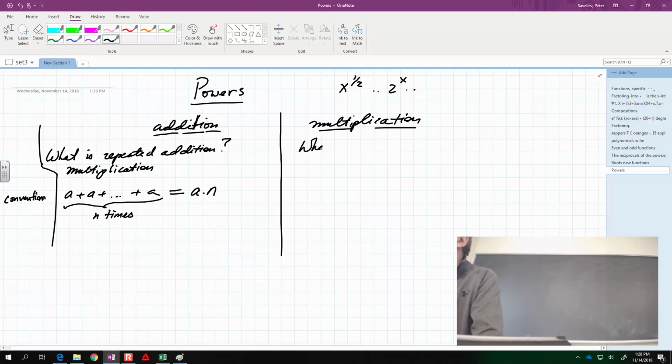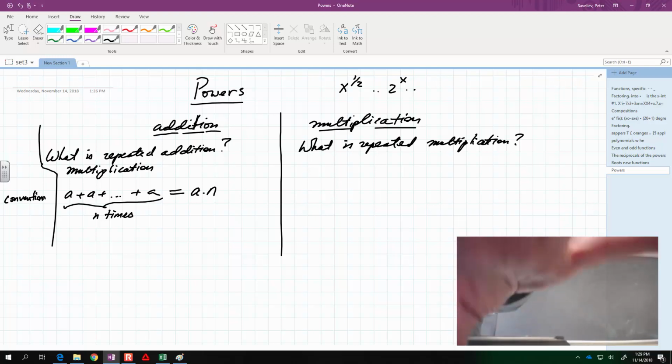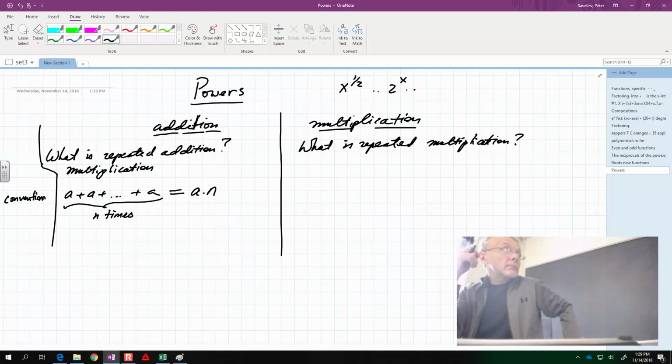What is repeated multiplication? Okay, let me start writing.